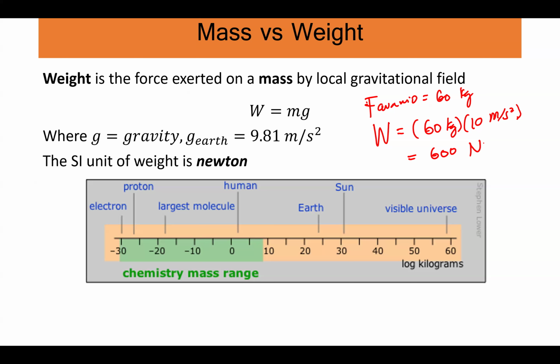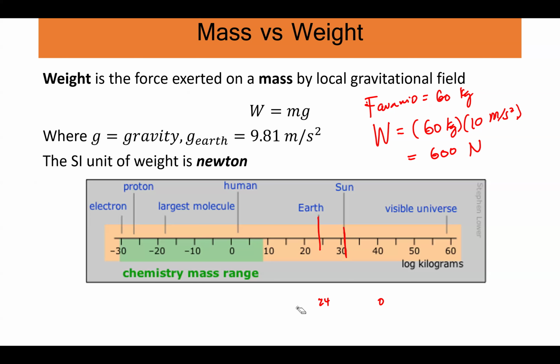If you talk about the mass only, the mass of the sun is about 10 to the 30 kilograms, very, very big. The earth is about 1 times 10 to the 24 kilograms.